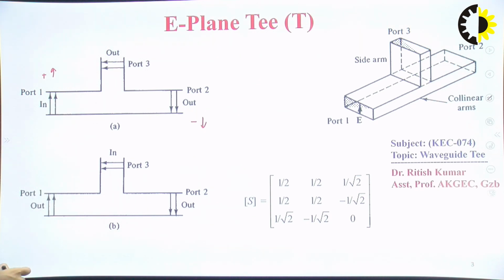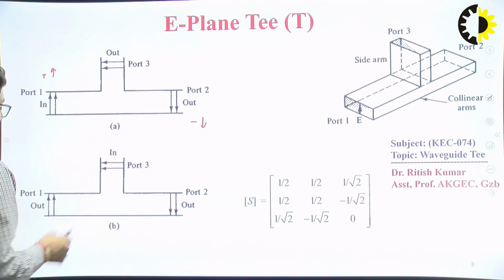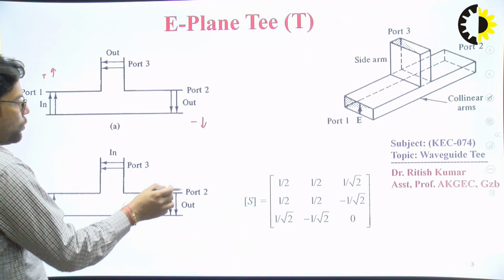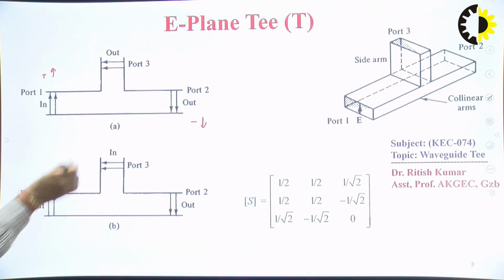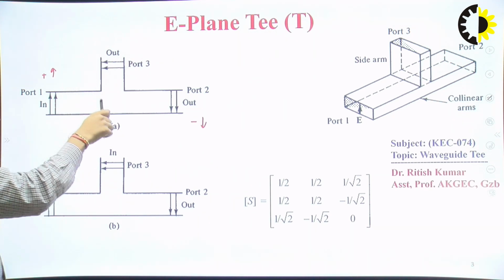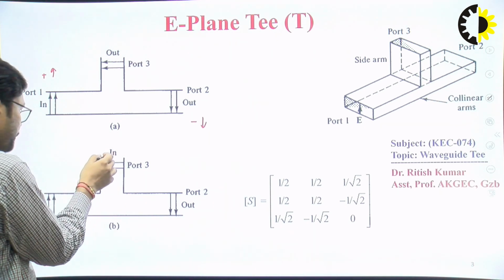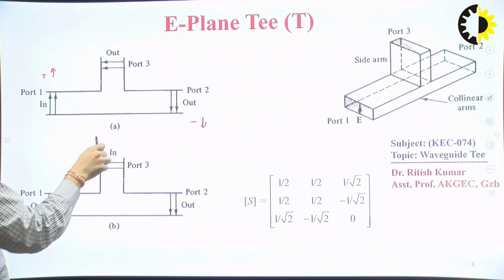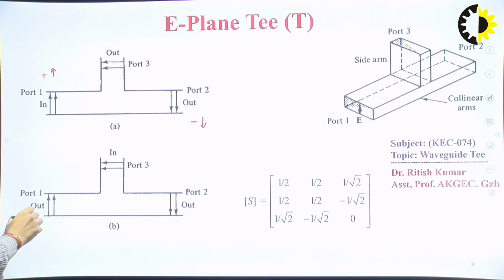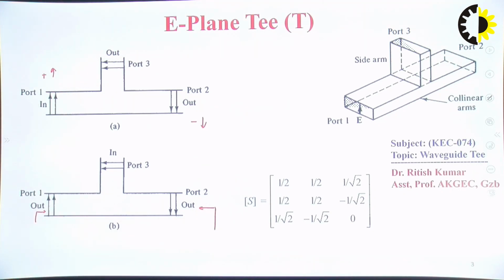Now what will happen if you treat port 3 as an input port, and port 1 and port 2 act as output ports? If you deliver the power through port number 3, what will you get at the output port? Again you can observe here that the phases of port 1 and port 2 have a 180-degree phase shift.